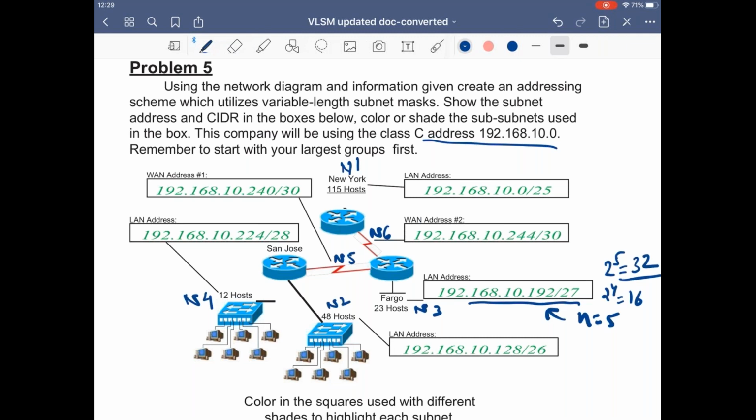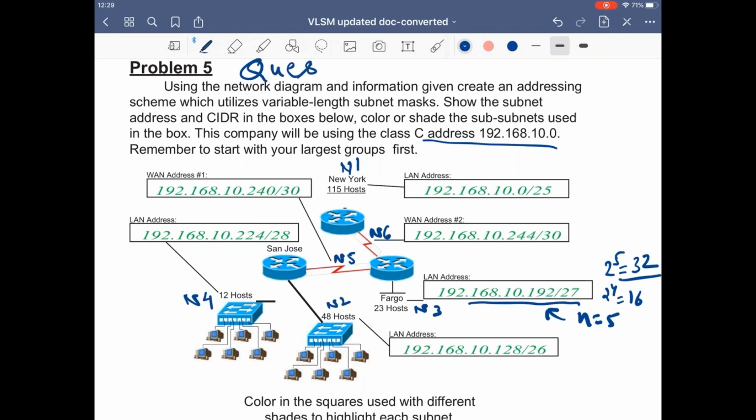Then the fifth network starts from 240, 192.168.10.240. Two hosts. So the first IP for network 5 is 192.168.10.240/30, because only the last two bits are 0, and the IP address range is from 240 till 243.